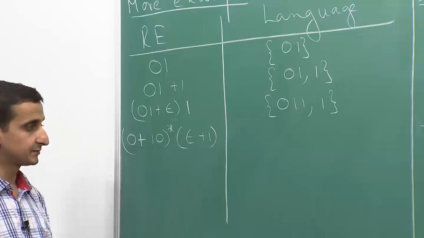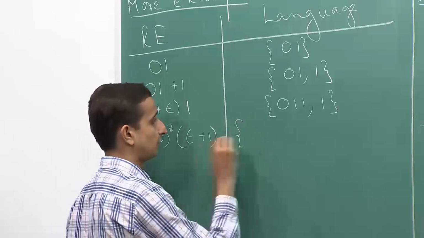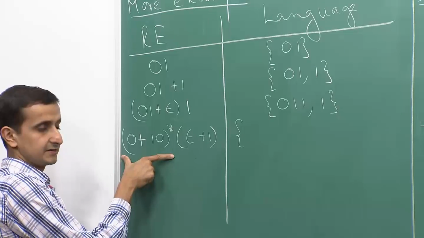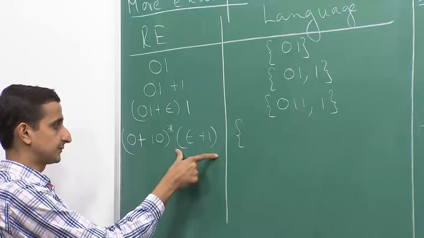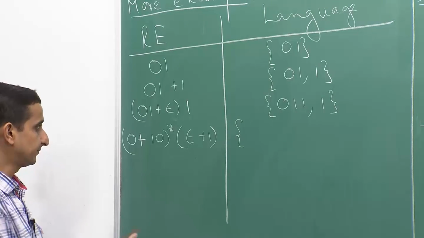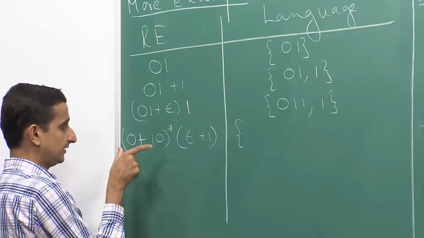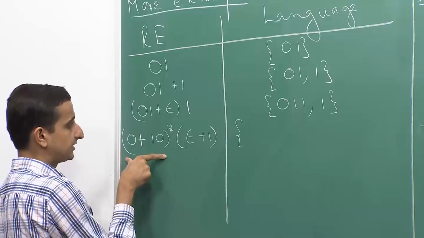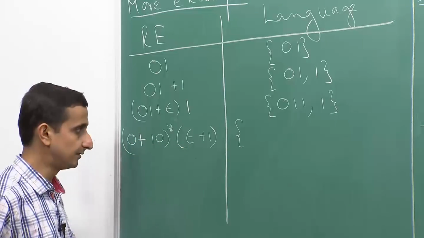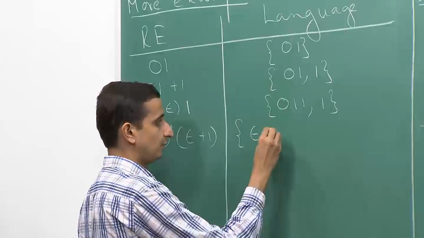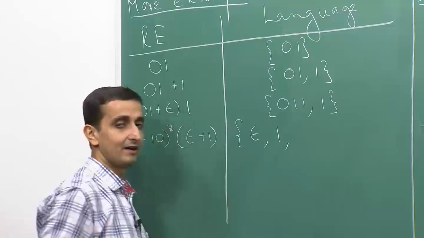So, what is the language in this case? Let us try to form it. Once again we will take one string from the regular expression on the left hand side and one from the regular expression on the right hand side and concatenate them. So, we have star here, so epsilon is a string. So, epsilon concatenated with epsilon gives me epsilon. Epsilon concatenated with 1 will give me 1.